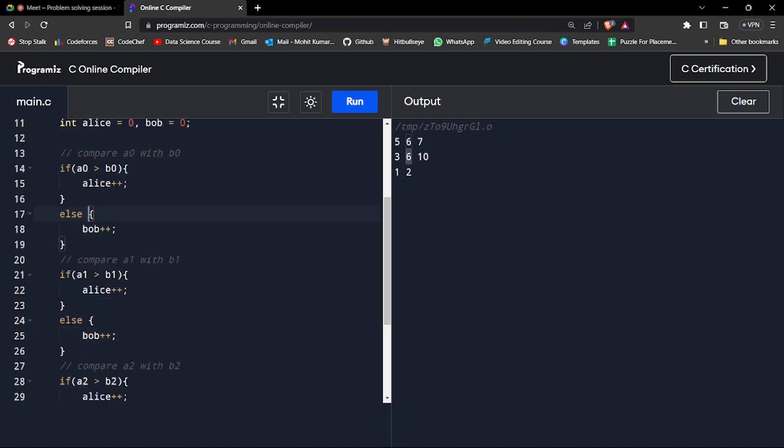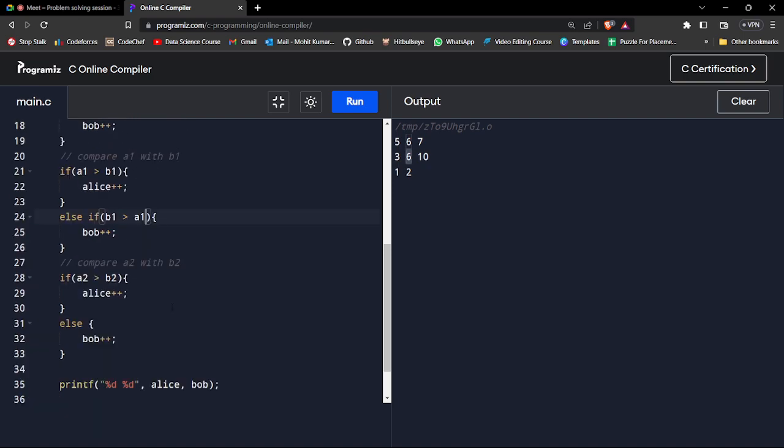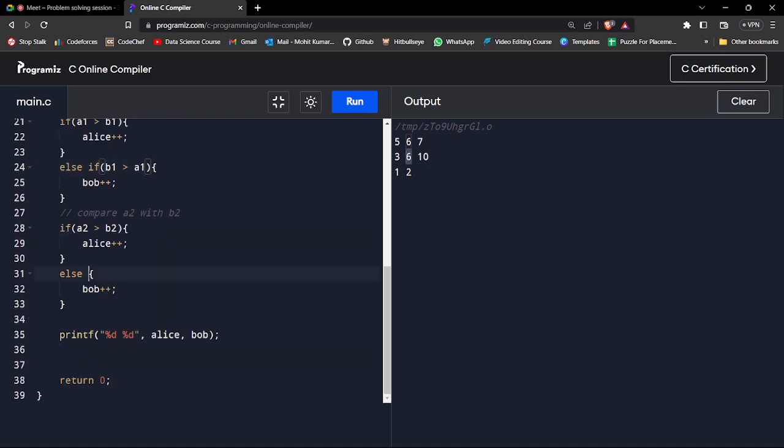I also need to compare if b0 is greater than a0, right? And again, let's just put it here. If b of 1 is also greater than a1 in this case, and here also if b2 is greater than a2, so in that case Bob will be getting the points.